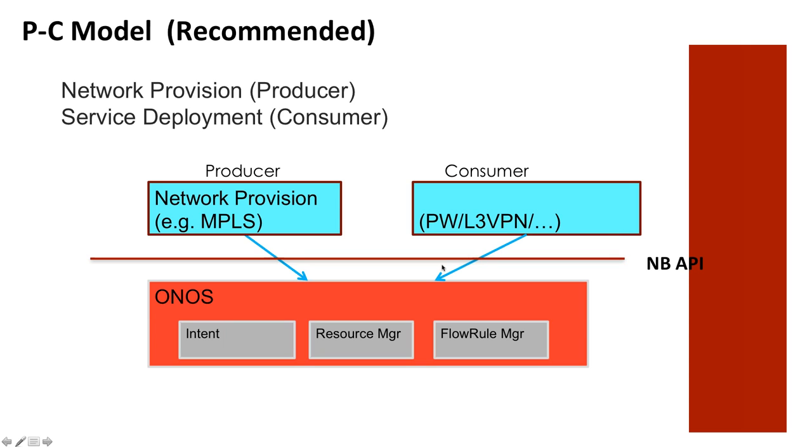We split this into two separate applications: one we call the producer, and another the consumer. We recommend this model to be implemented by ONOS. Another reason we prefer this model is that the producer just provisions the network, and later when you add and remove services, the network should not be re-provisioned, keeping the network stable. So installation of the service and provisioning of the network are separate.